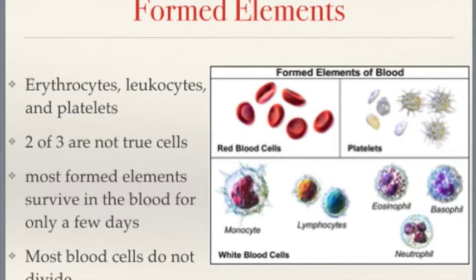And that's true for, I don't want to say all, but that's true for most. Remember, most blood cells are produced in bone marrow, so they have no need to divide. These white blood cells here, for the most part, are not going to divide because they're produced in the marrow. Once they live out their life, they're removed from our body and degraded. Red blood cells, same thing. Platelets, same thing.